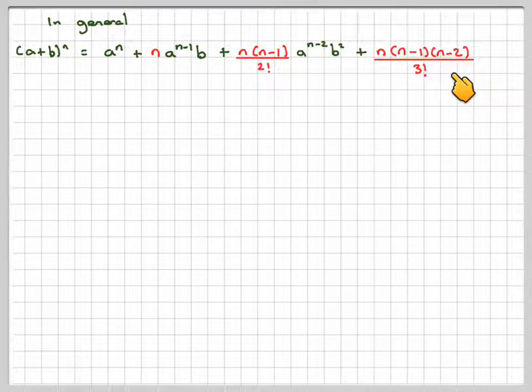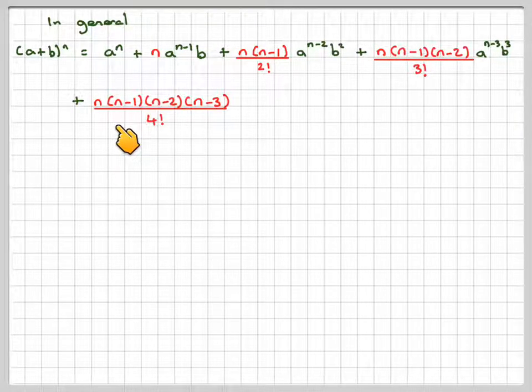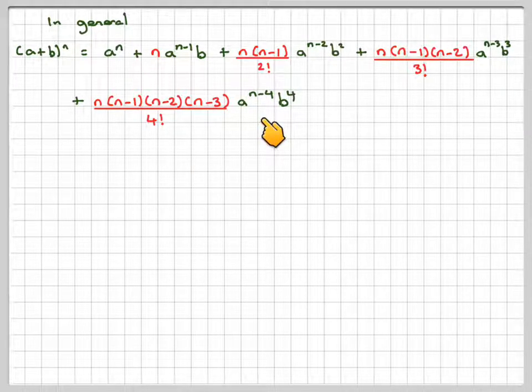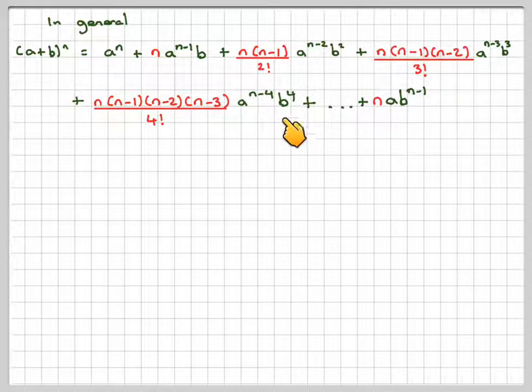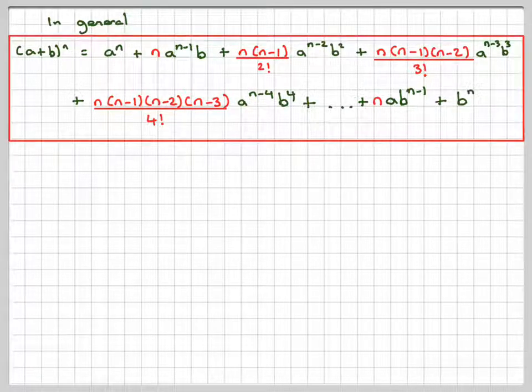Then n times n minus 1, n minus 2 over 3 factorial, which is a to the n minus 3, b to the 3, plus n times n minus 1, n minus 2, n minus 3 over 4 factorial, a to the n minus 4, b to the 4. And this will carry on, and the last but one term will be n, because they're symmetrical if you remember. a, b to the n minus 1, these two powers will be reversed, and the last term will be b to the n.